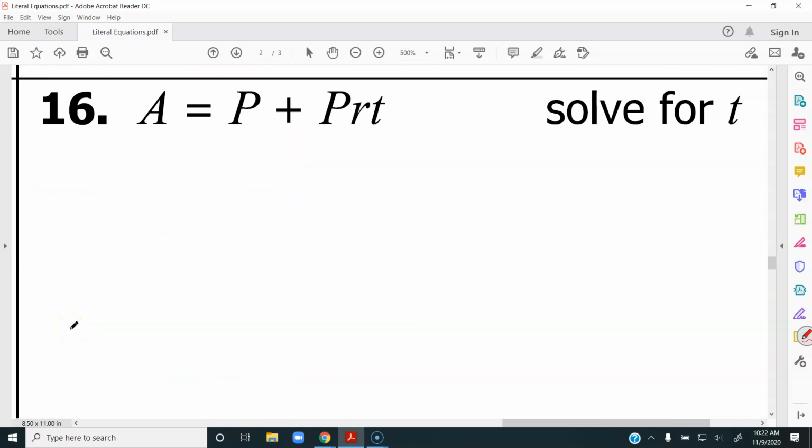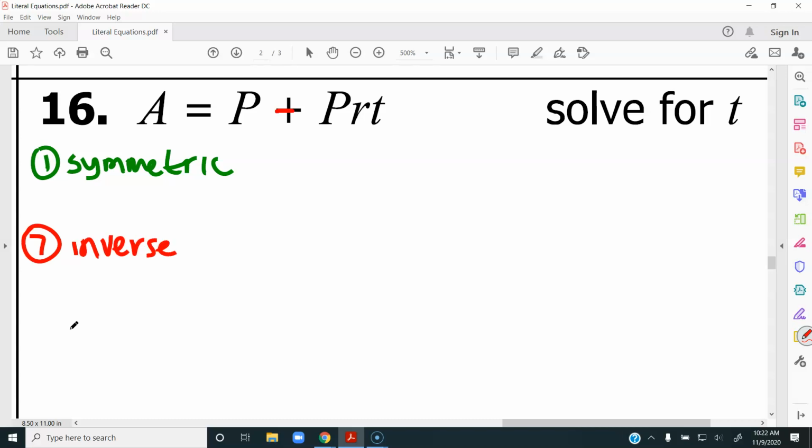Now, number 16, again, we have this T over here, so we're going to have to do symmetric. And then, I kind of just do it in my head, I'm going to do the inverse because I see an addition sign.